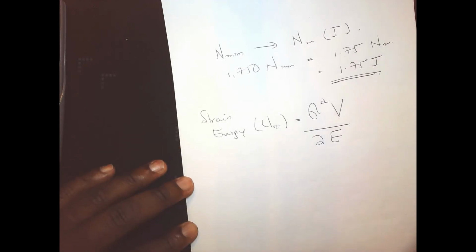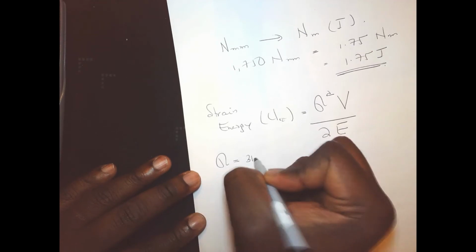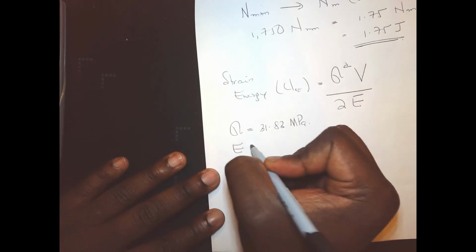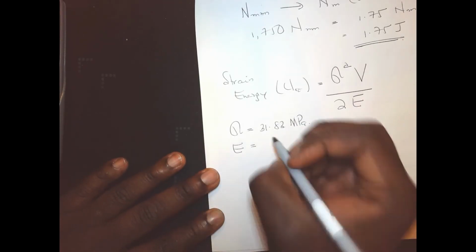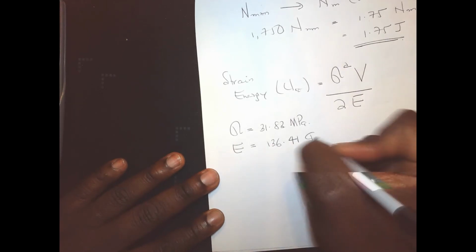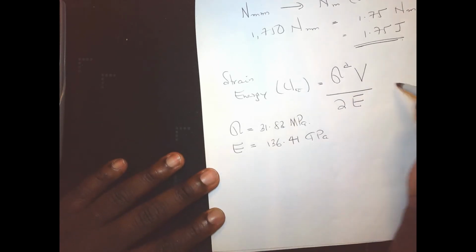Well, first let's list down what we know. We calculated the stress, and that was 31.83 MPa. We calculated the Young's modulus, or the elastic modulus, and that was 136.41 GPa. So all that we need for this particular equation, let's call this equation 2, is the volume.